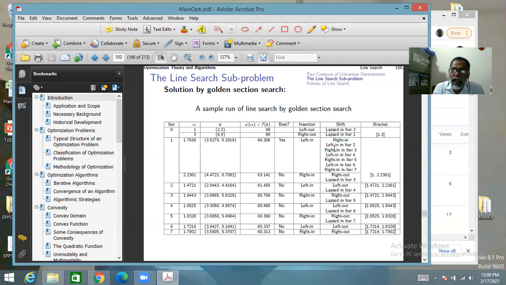It stays for the next 6 iterations. It stays in the interior, keeps on shifting from right in to left in, then right in, then left in, and so on. In between, I expect you to verify these calculations later at your leisure. So 6 iterations squeeze the bracket, and finally, after the 7th iteration, we have the bracket here. Okay, 1.72 to 1.79. I have stopped here because after the decimal point, 1 digit has started repeating.